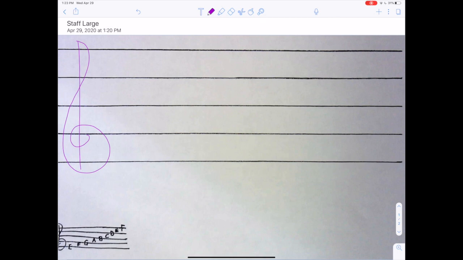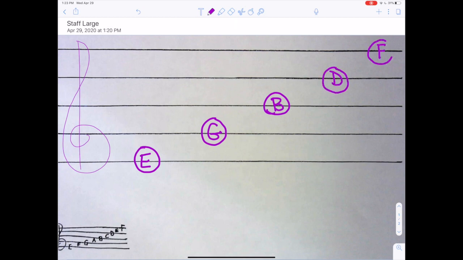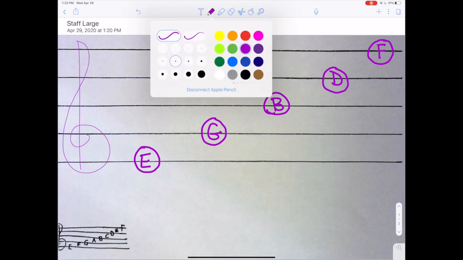At the bottom of our staff, around the first line, is E. Around the next line we have G. Around the middle line we have B. The 4th line is D. And the top line is F. The staff has 5, it has 5 lines, E, G, B, D, F, always bottom to top.